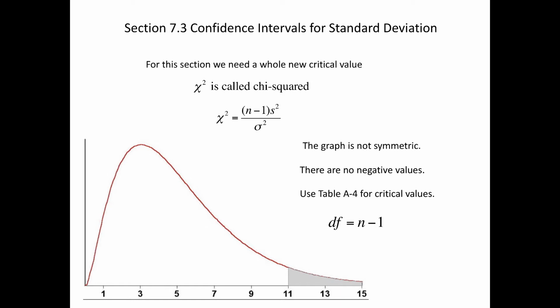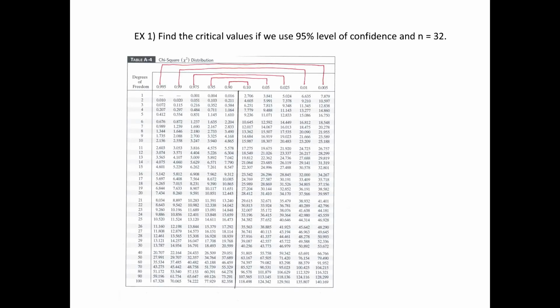Now, on to the first example. 95% level of confidence, the sample size is 32, and all we're going to do is look up the critical values. So here's table A4. On table A4, notice that I've paired these up.